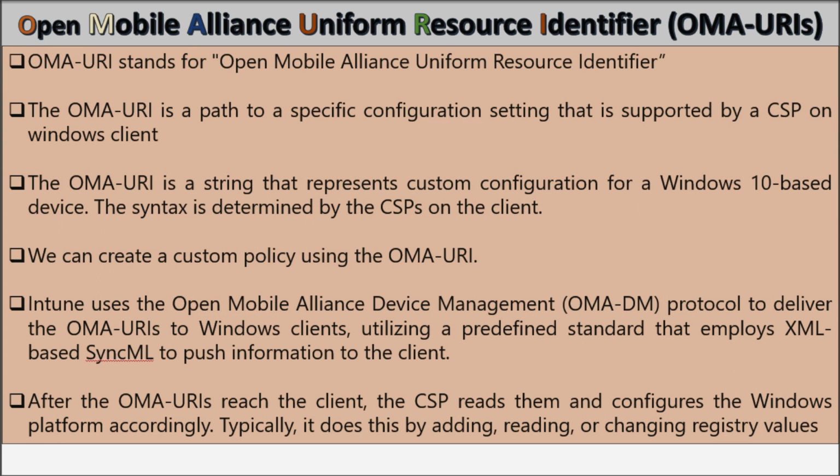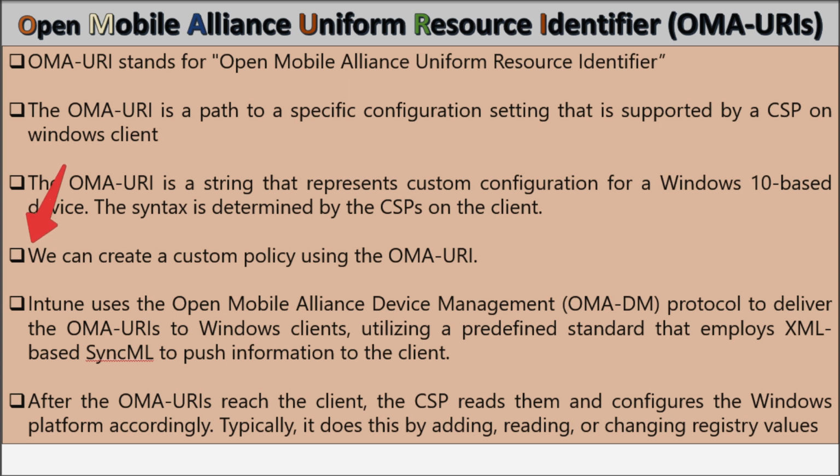Now let's see what OMA-URI is. OMA-URI stands for Open Mobile Alliance Uniform Resource Identifier. The OMA-URI is a path to a specific configuration setting that is supported by the CSP on the Windows client. The OMA-URI is a string that represents the custom configuration for a Windows 10 based device or Windows 11 based device, and the syntax is determined by the CSP on the client.